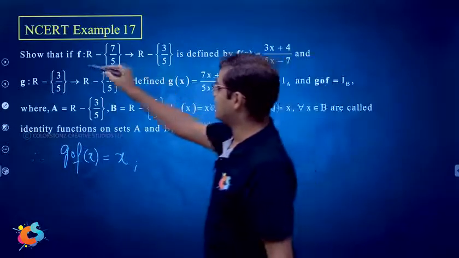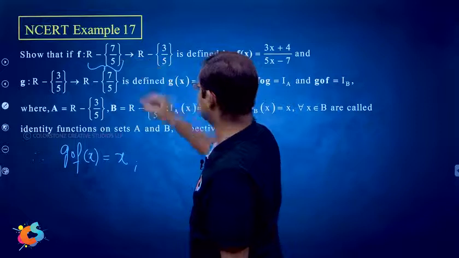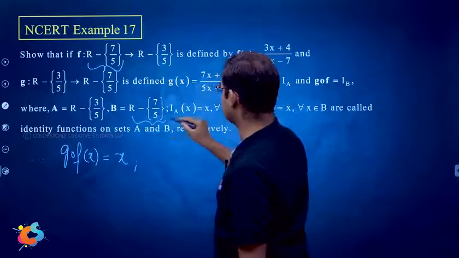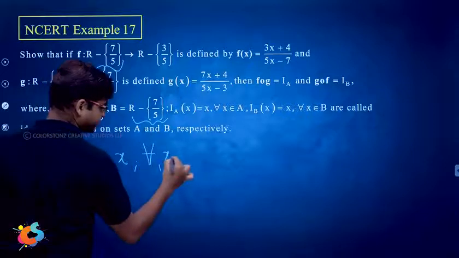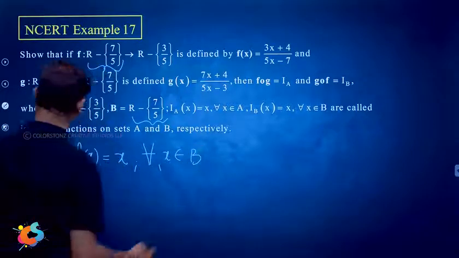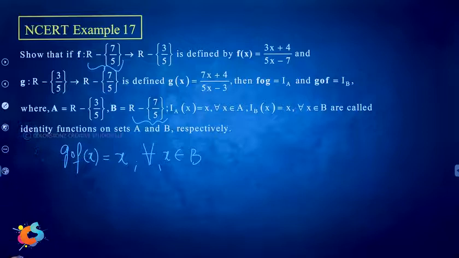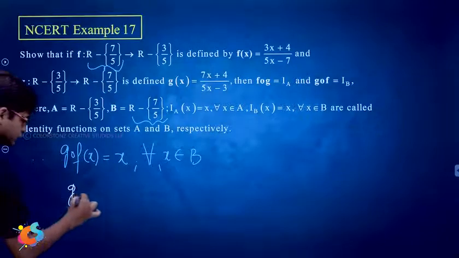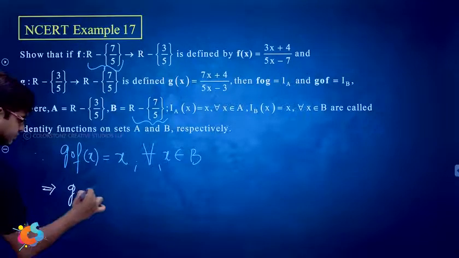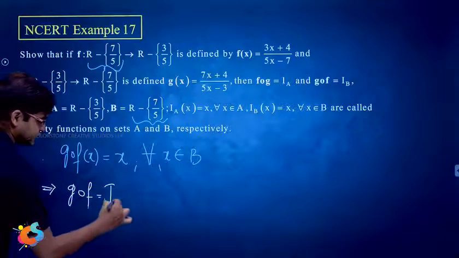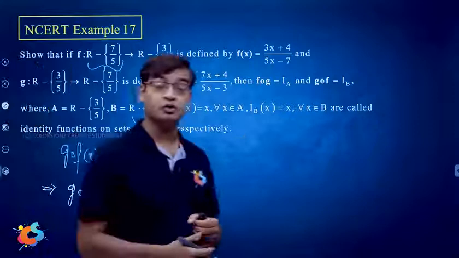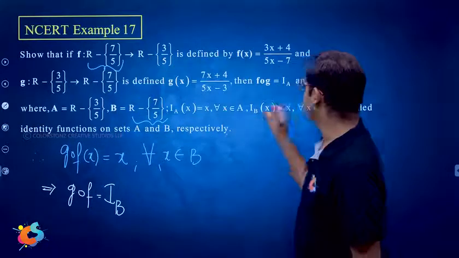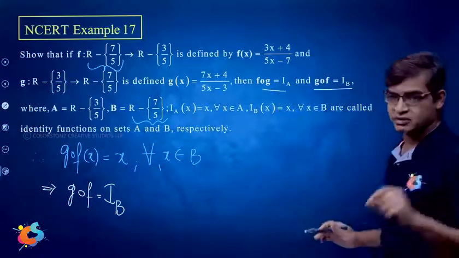The domain of f is R minus 7 by 5, and that is B. So for all x belonging to B. The same information can be written like this also: this implies g circle f is an identity function defined on set B. So that is what we had to prove. We have proved this one and this one as well.